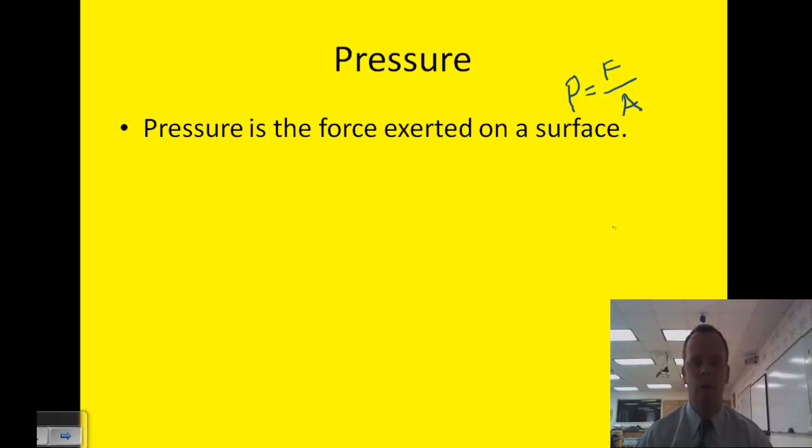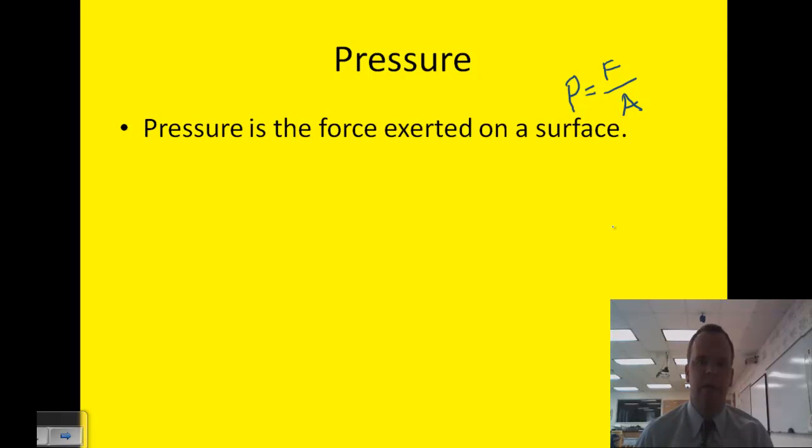When that force is coming from their weight, their force of gravity. So the weight of that person is being pushed down on your foot. So let's, for this example, make the assumption that they're stepping with one foot and all of their weight is on that foot. So that force is staying the same.